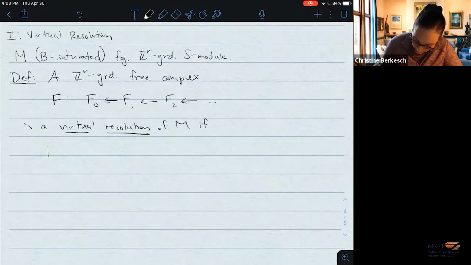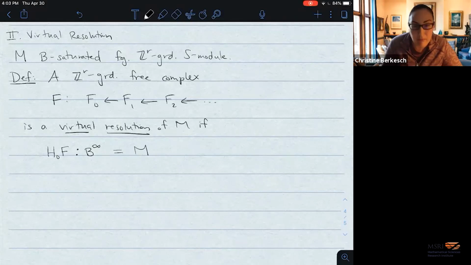So first, when I compute zeroth homology, if I saturate with respect to B, I should recover M. This is why I want M to be saturated here, to make this simpler too. If I remove the B-saturation on M, then I just saturate both sides.